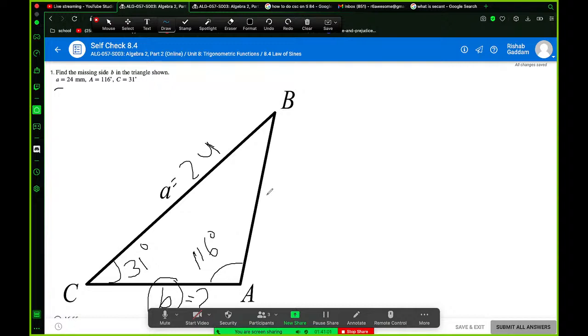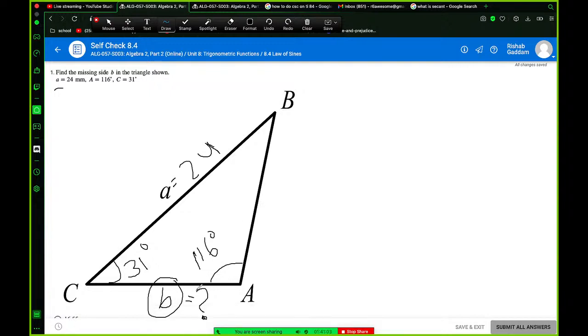Okay, so we're going to have to use the formula, the law of sines. We don't know the angle of B or the side of B, but we can find the angle of B using the 180 rule.